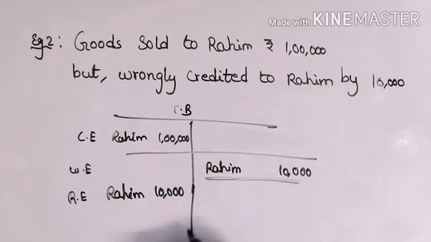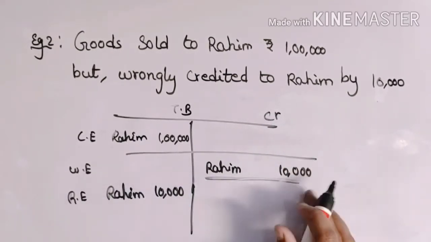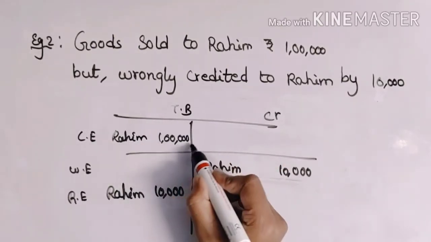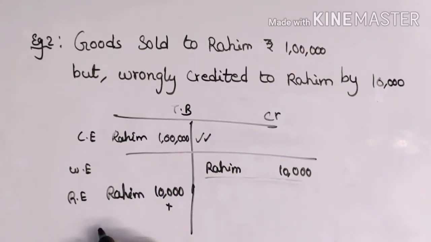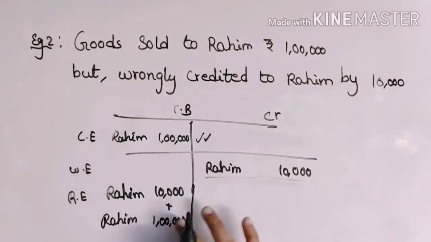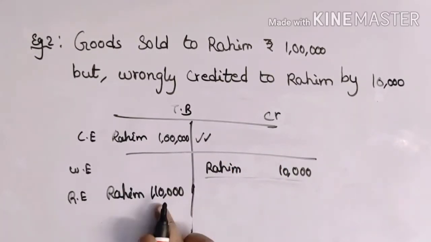Now the error is rectified because this is on the credit side, and when we debit this, this error got cancelled. Now in order to write the correct entry, the Rahim account must be debited with rupees 1 lakh. So now we have to increase the Rahim account, that means debit the Rahim account again by rupees 1 lakh. And now the error is cancelled and the correct entry is also written. So simply we have to write the Rahim account by rupees 1 lakh 10,000.